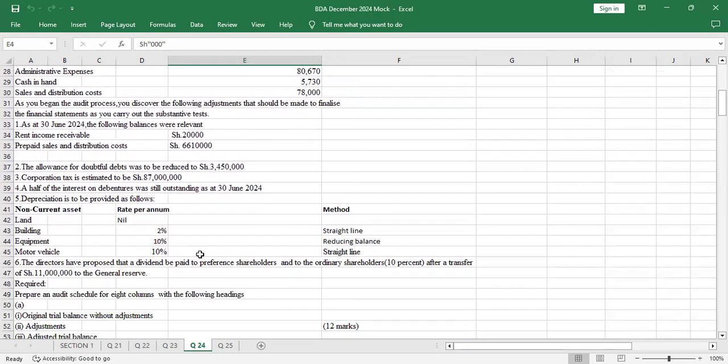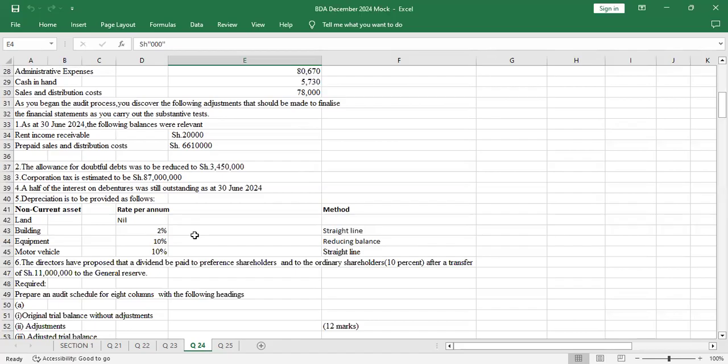Number two, the allowance for doubtful debts was to be reduced to shillings 3.45 million. Number three, corporation tax is estimated to be shillings 87 million. Number four, half of the interest on debentures was still outstanding as at 30th June 2024.